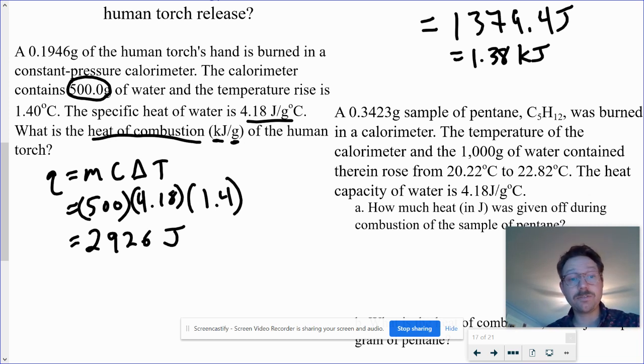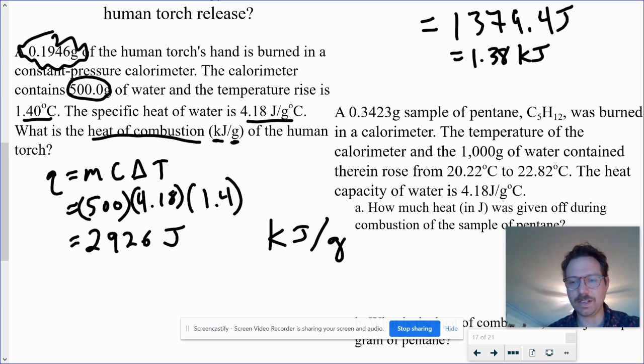Now, I have to convert this into kilojoules per gram of our burned material. You might have been asking, all right, we used all these numbers, what about this number? This is where it's going to come in. First, we have to convert this number of joules into kilojoules.